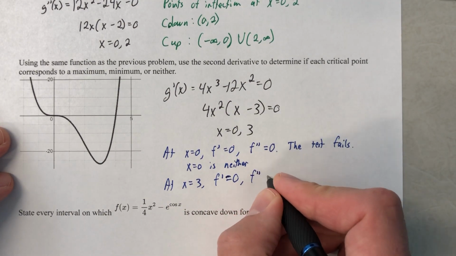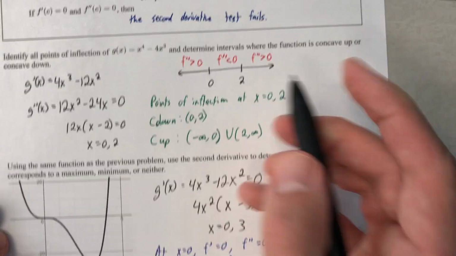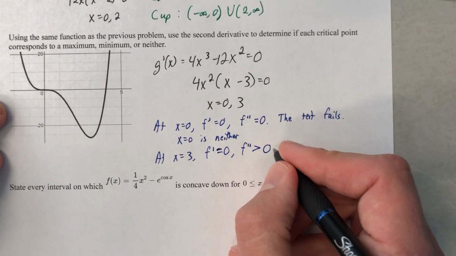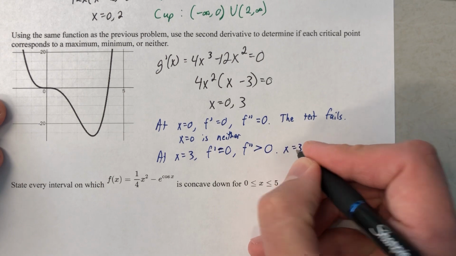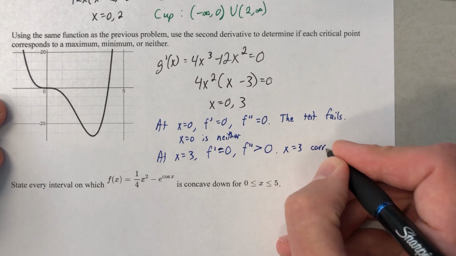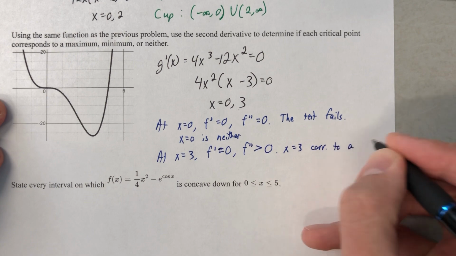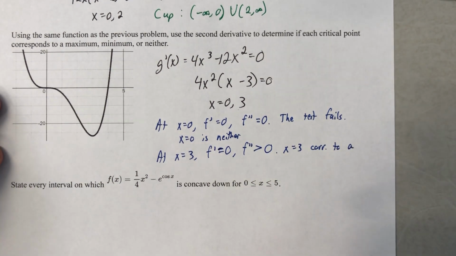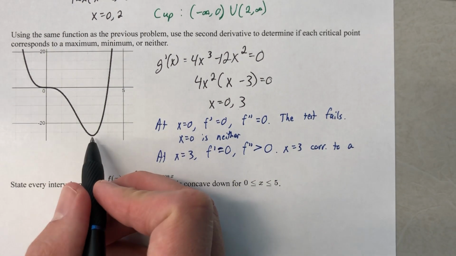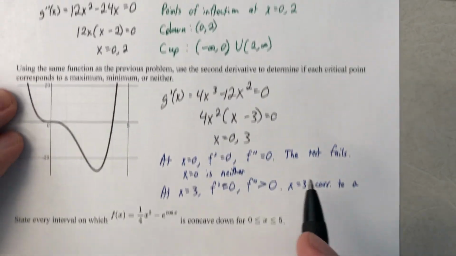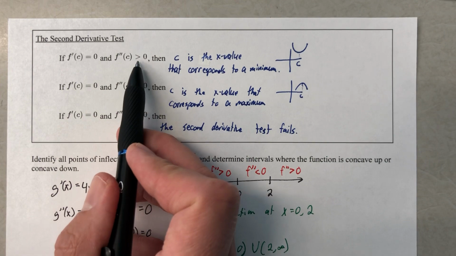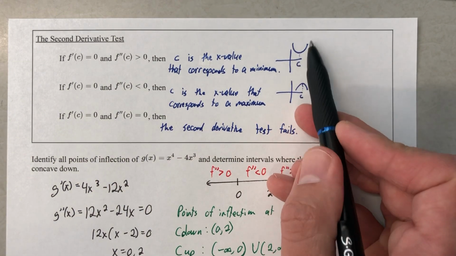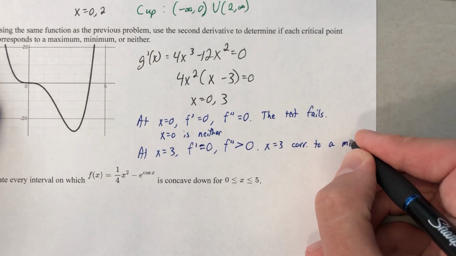The second derivative is positive, and therefore x equals 3 corresponds to a, all right, maximum, minimum. Let's see. Now, obviously it's a minimum, but let's think about it logically. The first derivative equals 0, and the second derivative is positive. We're in this situation right here. We have a concave up, so it must be a minimum. Corresponds to a minimum.